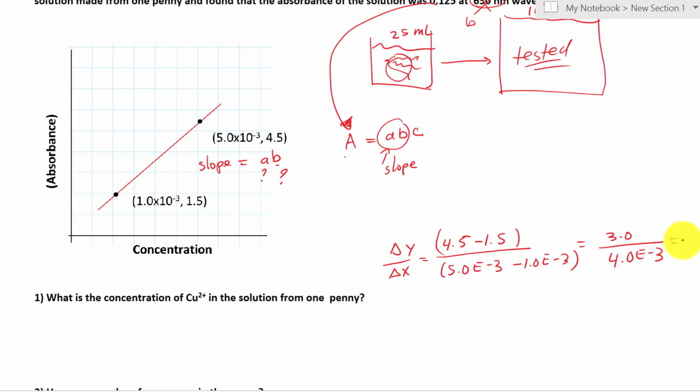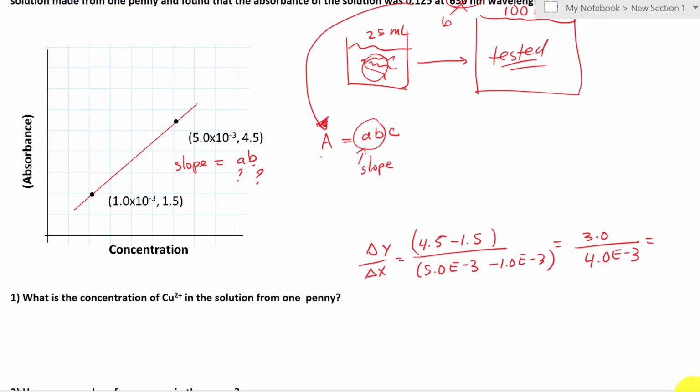Let's plug this into our calculator, 3.0 divided by 4.0 e to the negative 3, and that turned out to be 750. And this 750 is equal to A times B. Okay, that is our slope right there.